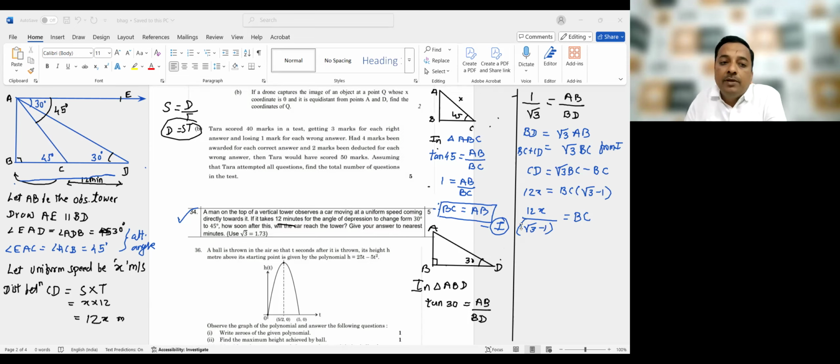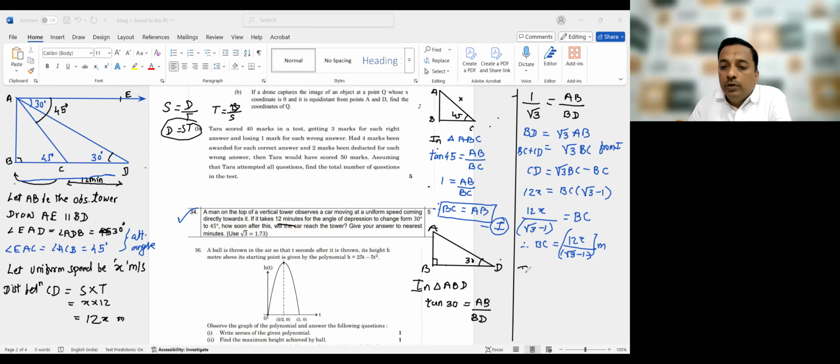BC, this becomes the distance. Correct? ये distance हो गया. So we can write BC is equal to 12x upon root 3 minus 1 meter. We have to find time ना, हमें time find out करना है. तो time का formula क्या बनेगा? The formula of time is equal to distance upon speed ना.